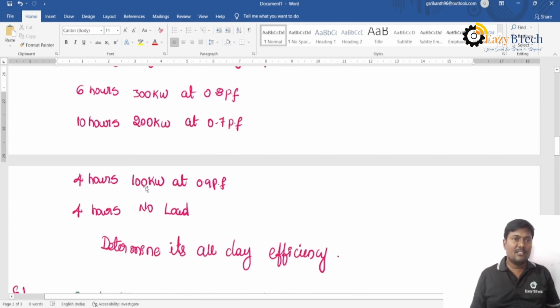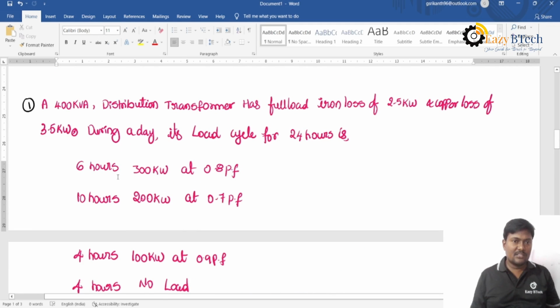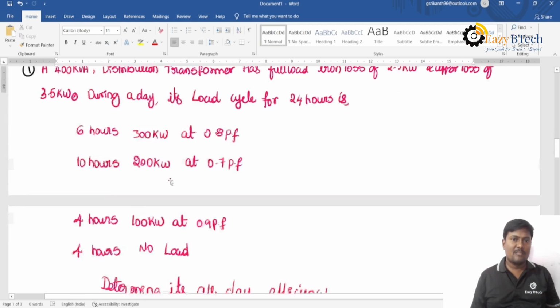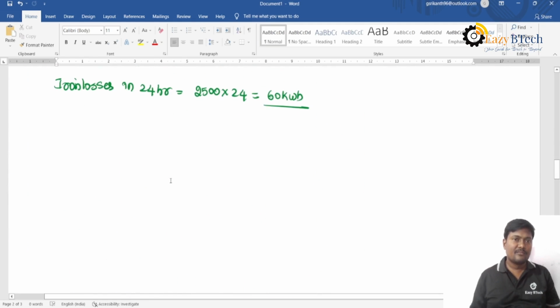Coming to the first load, 6 hours 300 kilowatts at 0.8 power factor. Now you can calculate kVA for 6 hours.